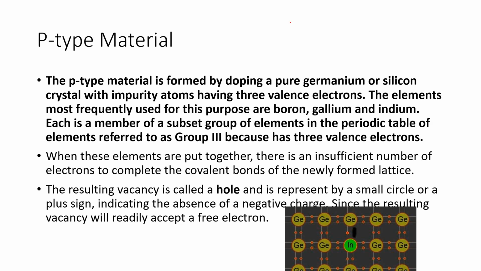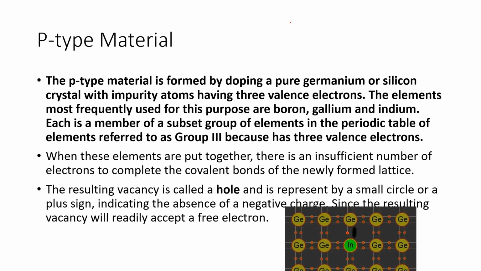As it pertains to a P-type material, nothing changes mainly about the process that is taking place. What we're essentially doing here is that rather than using a group 5 element, we're now going to use a group 3 element, which has 3 electrons on its outer shell.